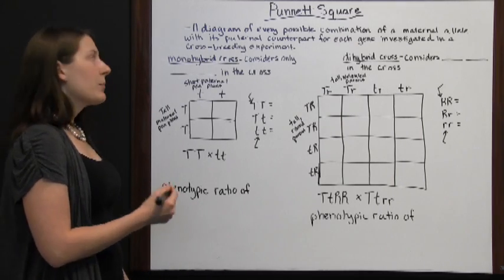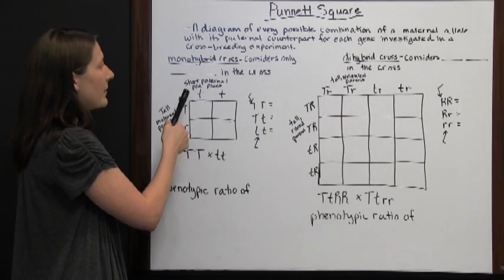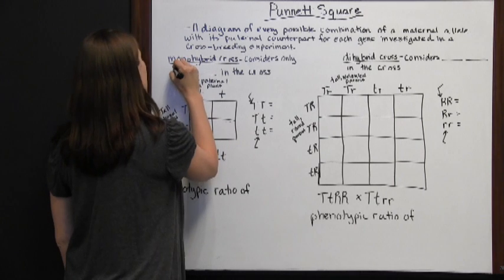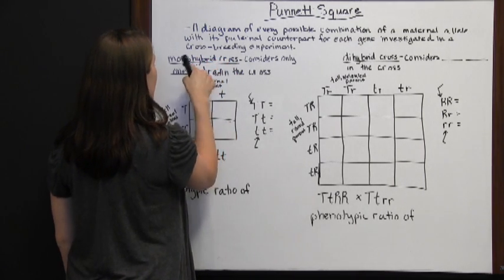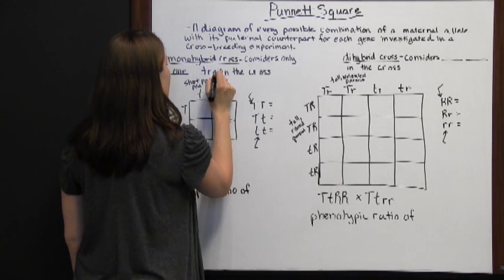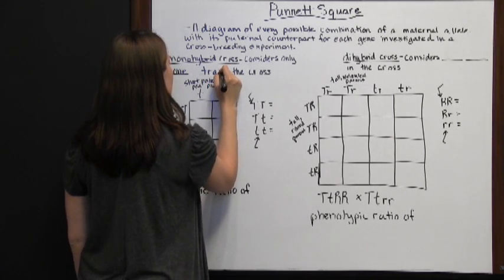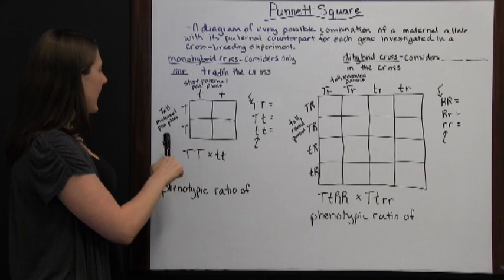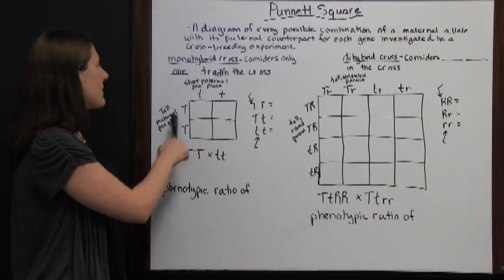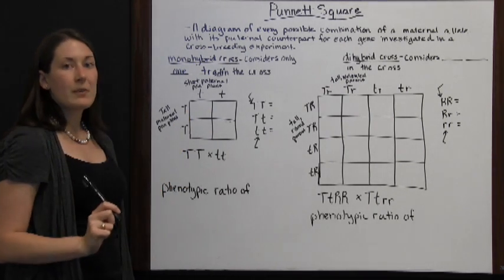So let's look at some examples. A monohybrid cross considers only one trait in the cross. So mono means one, so we're only going to be considering one trait in the cross. So we're going to look at a tall maternal pea plant and a short paternal pea plant.